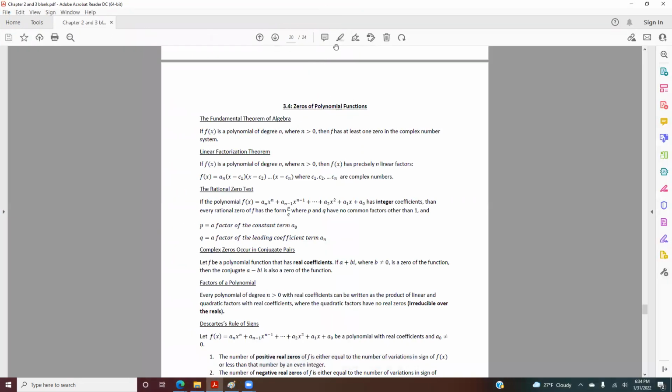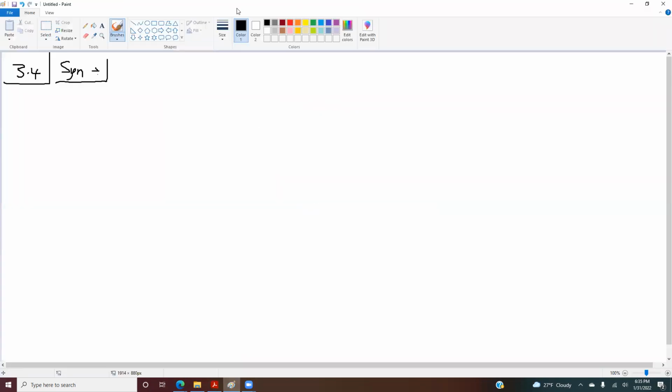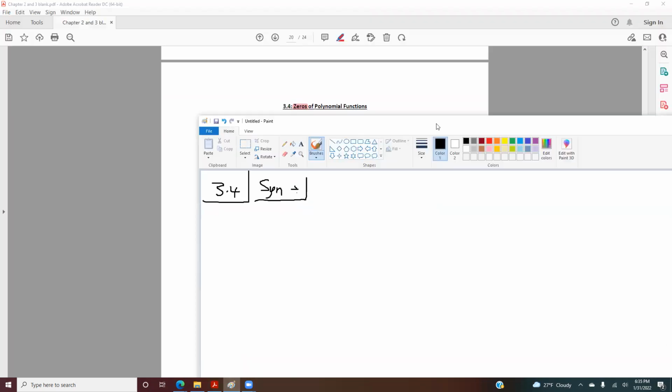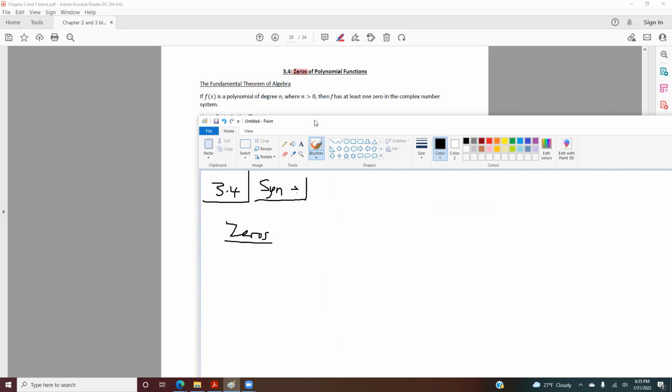So 3.4 in this case is asking for the zeros of a polynomial, so you have to watch out carefully what kind of zeros they're asking for. Before we even start 3.4, we have a lot of zeros. Again, zero stands for solutions or x-intercept or factor.